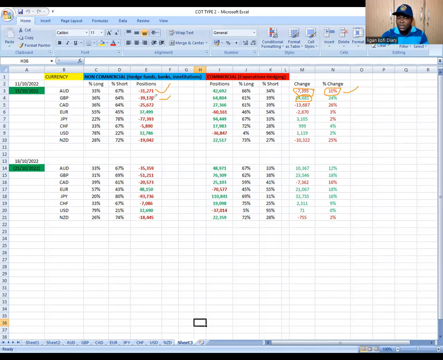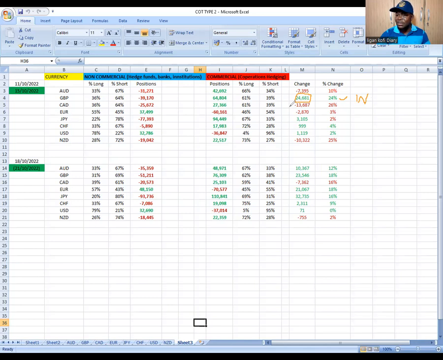GBP is also bearish, but the number of traders who are bearish on GBP increased by 24,681, which is a percentage of 24%. So it means GBP is bearish and more people have gone bearish on it again. So it means GBP is going to become weaker, isn't it? So let me put the blue here.